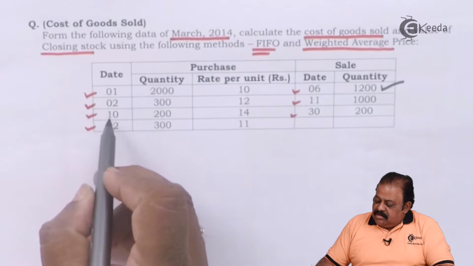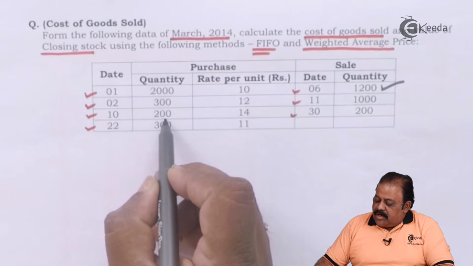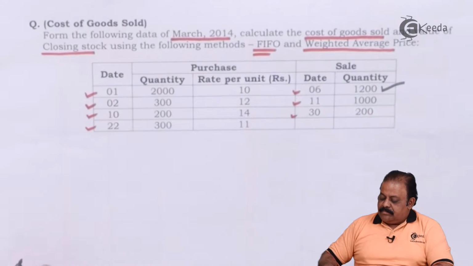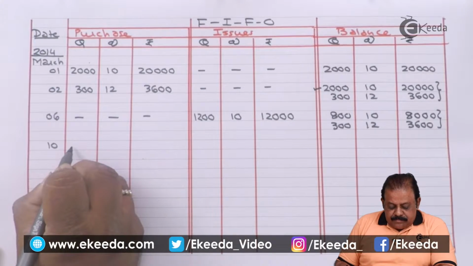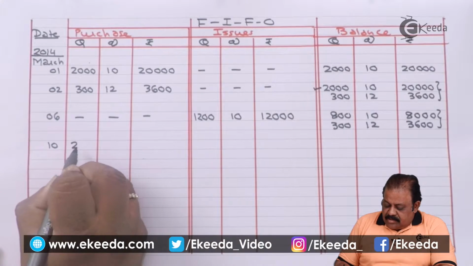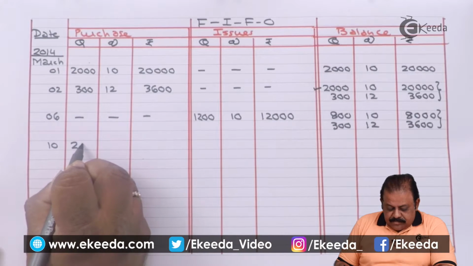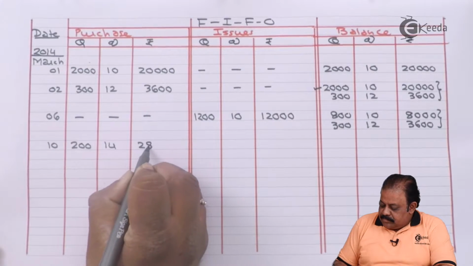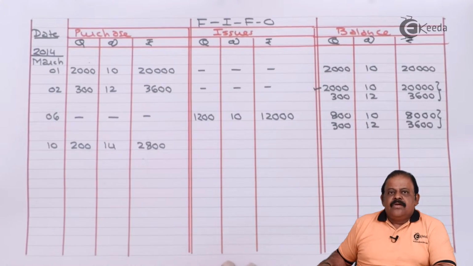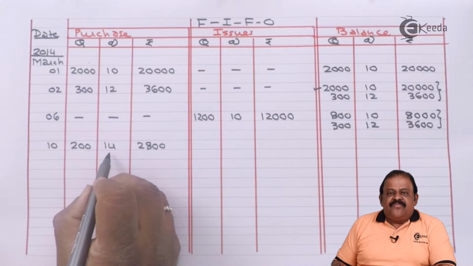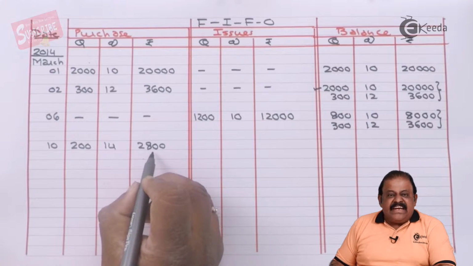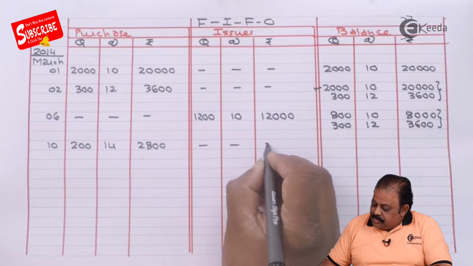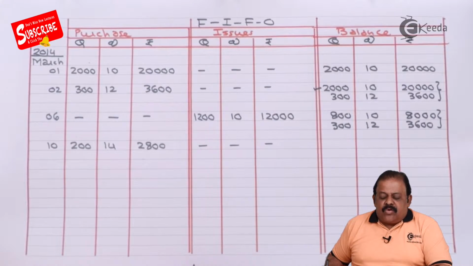On 10th March, there is purchase of 200 units at the rate of 14, 2,800. We have to record closing stock.